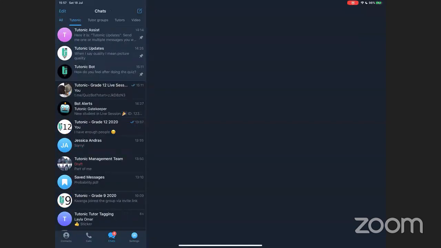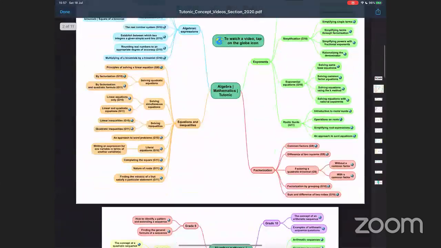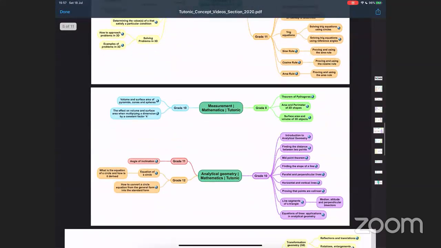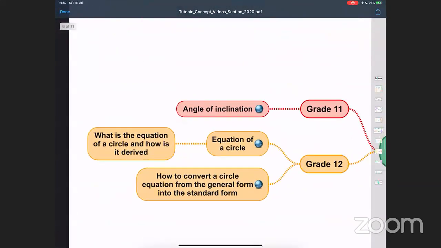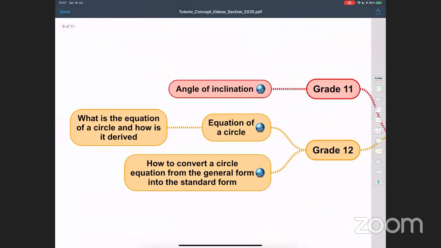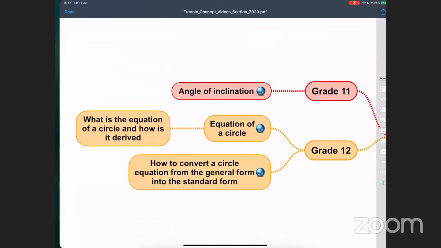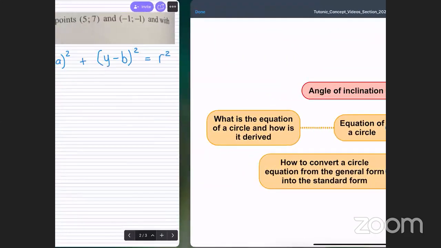Have you all watched the concept videos on circle geometry, analytical? Yes. I explained to you how the equation is derived. There's not much you have to know for circle geometry analytical, but what you do know is very important.